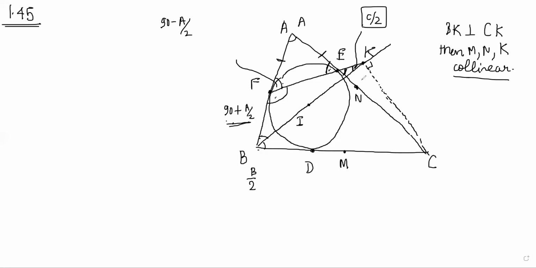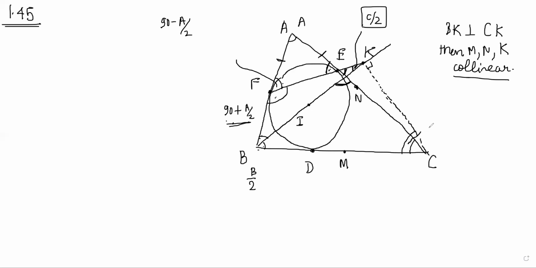What else? We know this angle also because C by 2, right? To prove right angle triangle, I have to show that this overall angle is 90 minus B by 2, right?